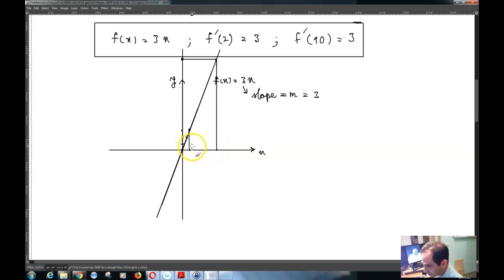If this is x is equal to 1, and here let's say x is equal to 4, say 1, 2, 3, and 4. At x is equal to 4, f of 4 is equal to 3 times 4, which is equal to 12.